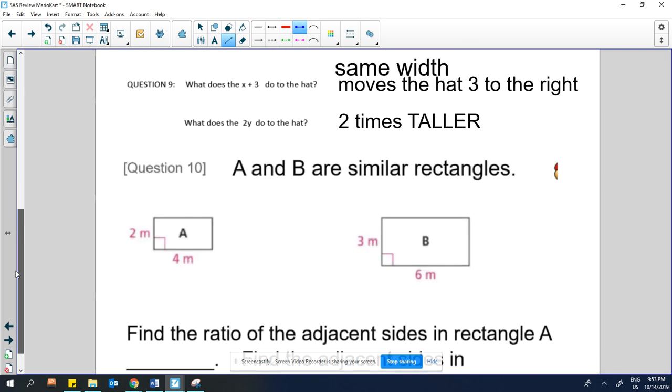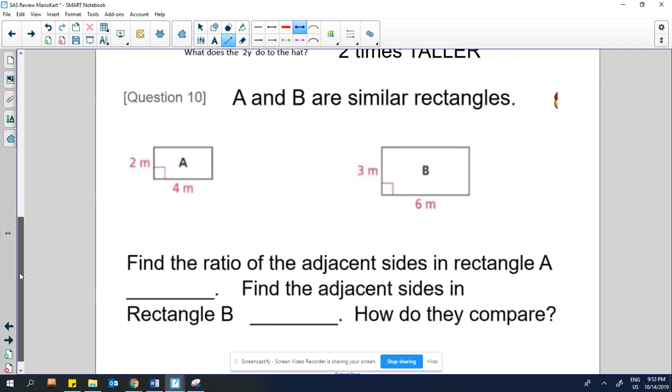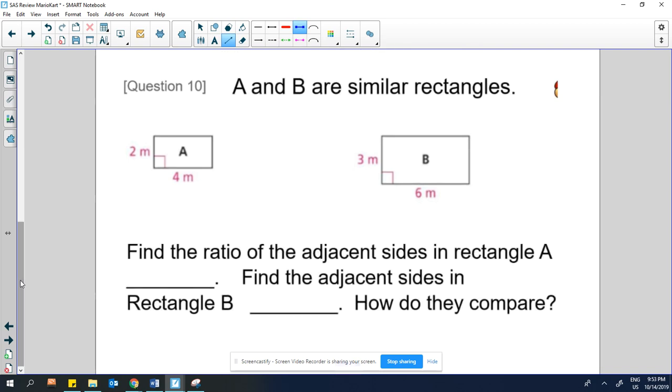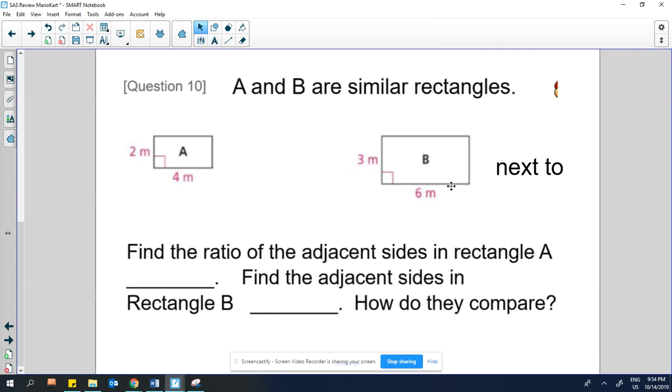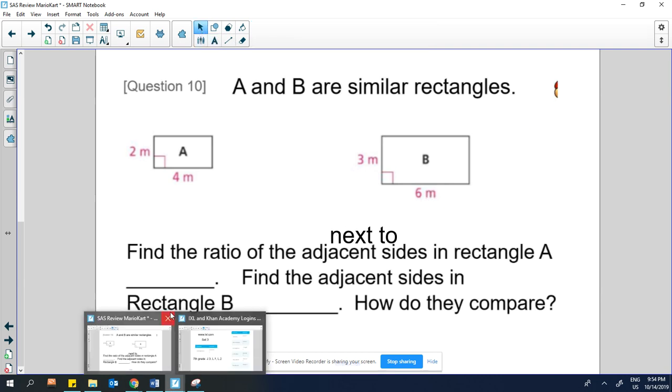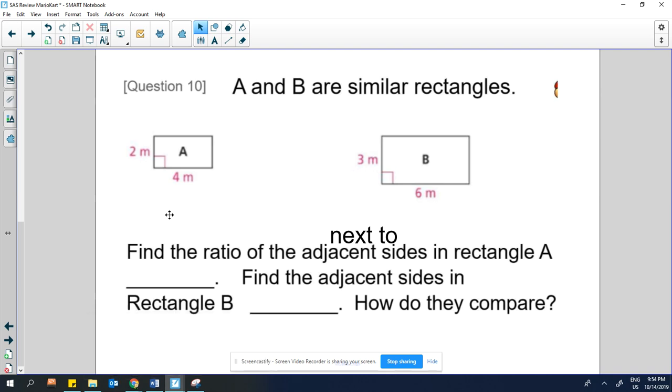Okay. A and B are similar rectangles. Find the ratio of the adjacent sides in rectangle A. Okay, so what does adjacent mean? Adjacent means next to. Okay, so what are the 2 sides that are next to each other in rectangle A? I would like you to write them as a fraction.